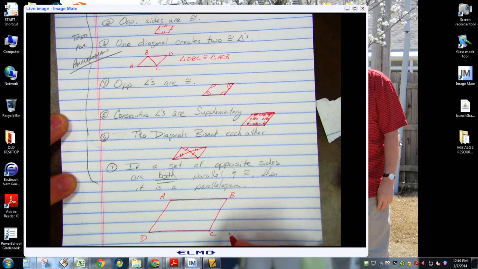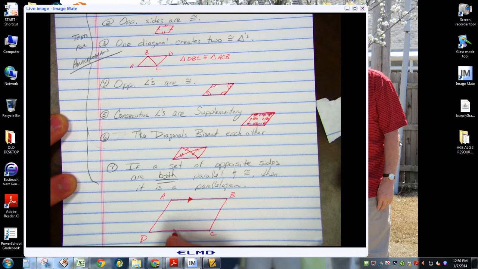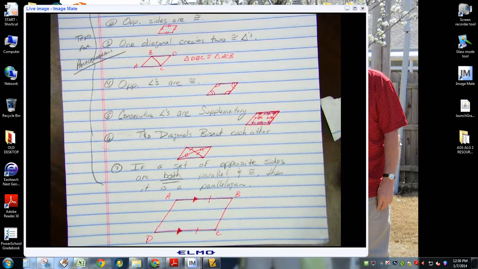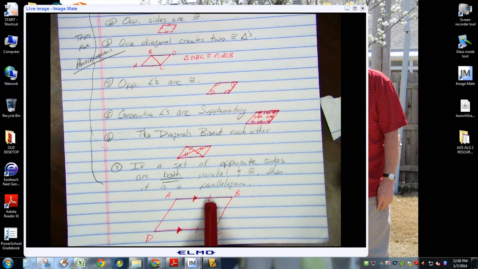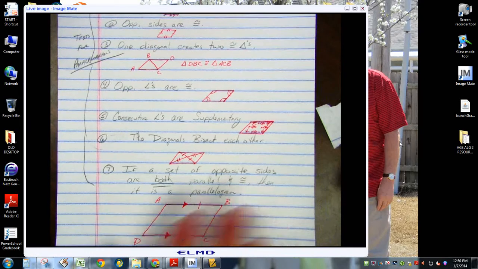AB and DC are opposite, are they not? If the opposite sides are both, this indicates them being what? And what does this indicate them being? So if the same set are both parallel and congruent, then it's a parallelogram. These are all your different tests for parallelograms.